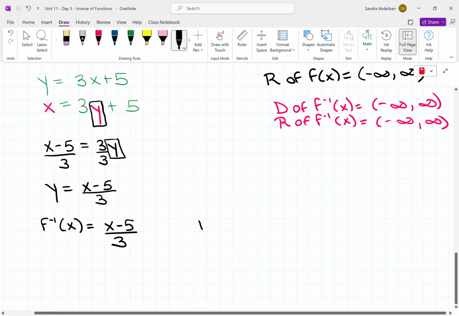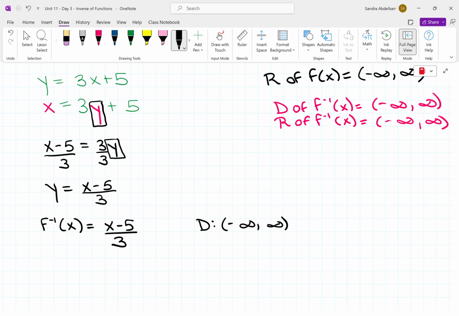And our answer is going to be this function with a domain of the infinities and a range with the infinities. Do you guys agree this is also a line? Yeah, you might not be used to seeing it like this.